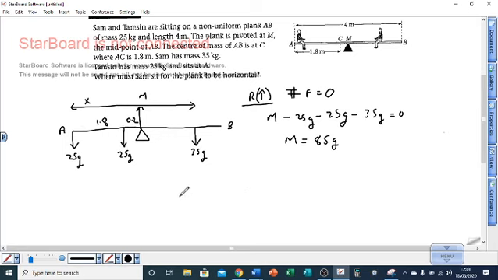Moments about A, I'm going to do it. So clockwise is positive about A, and the clockwise ones are that one and that one.